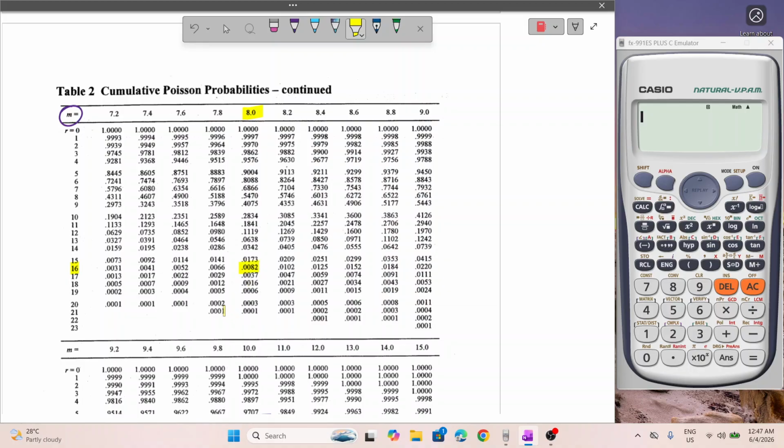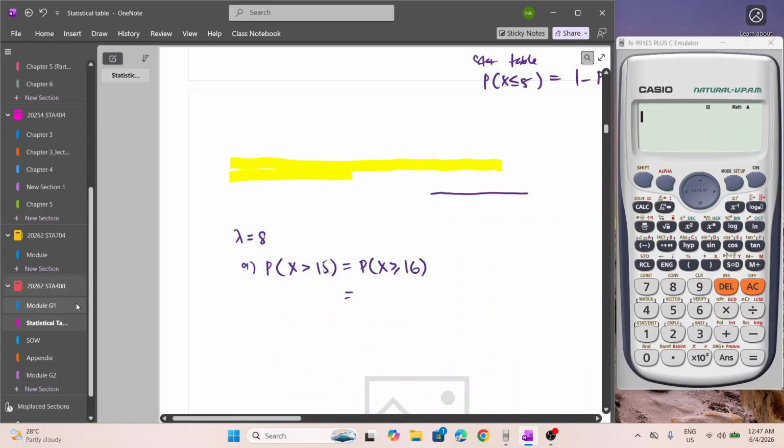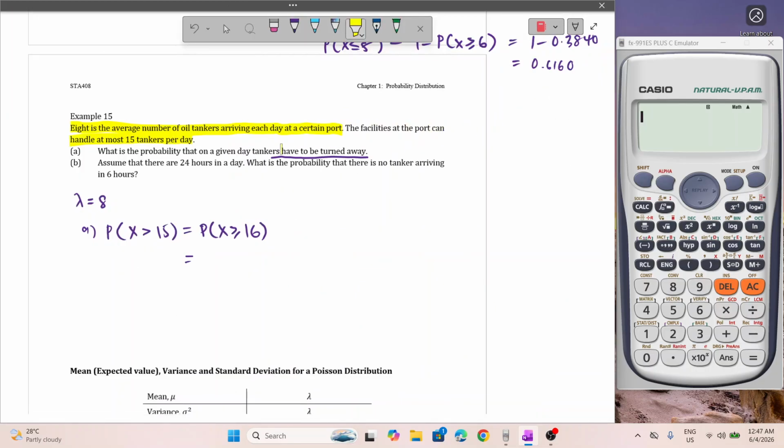So the value is equal to 0.0082. That's the first question. The second one, assume that there are 24 hours in a day. Yes, it is 24 hours in a day, of course.